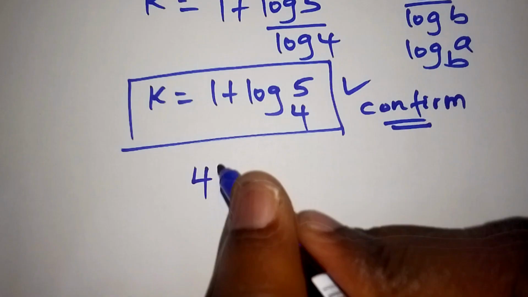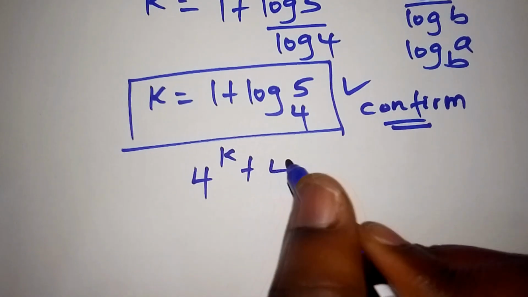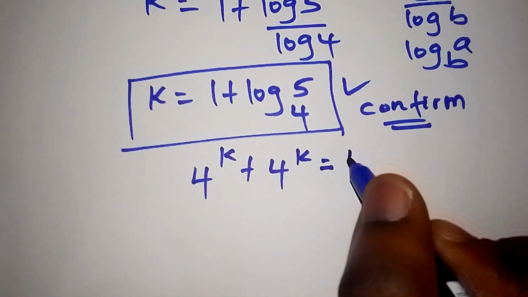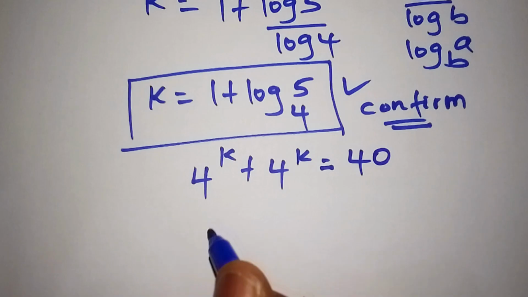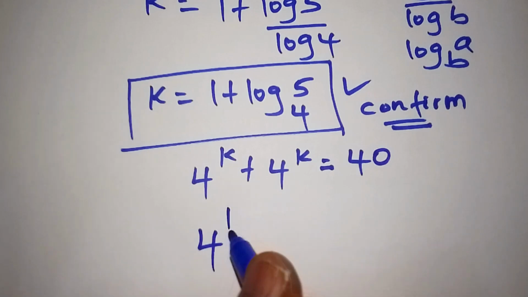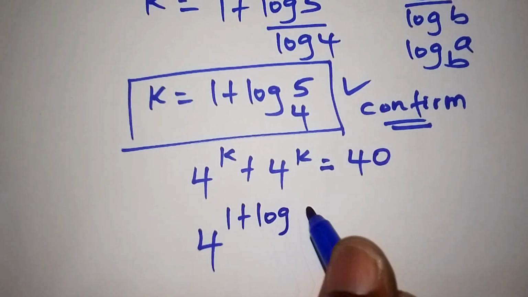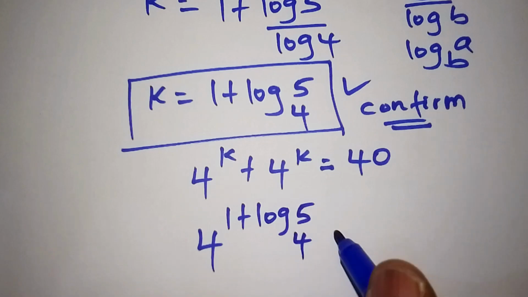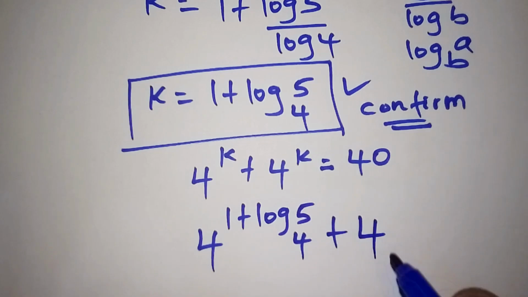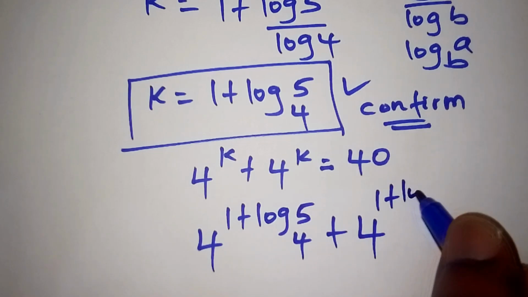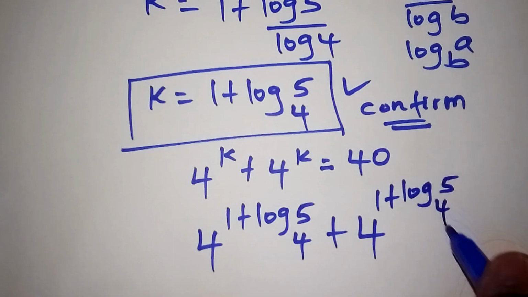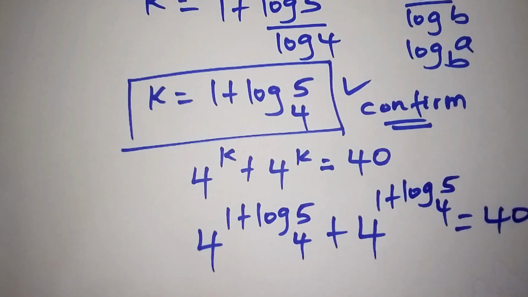We have 4 to the power of k plus 4 to the power of k equals 40. In this case, we shall have 4 to the power of (1 plus log 5 to the base of 4), plus 4 to the power of (1 plus log 5 to the base of 4), equals 40.